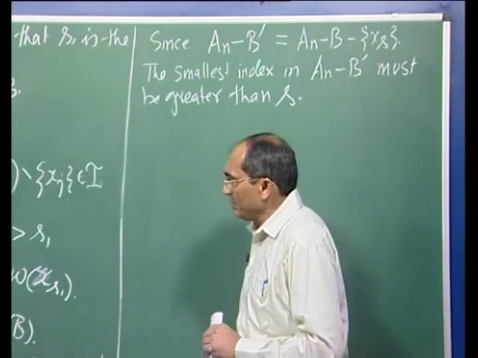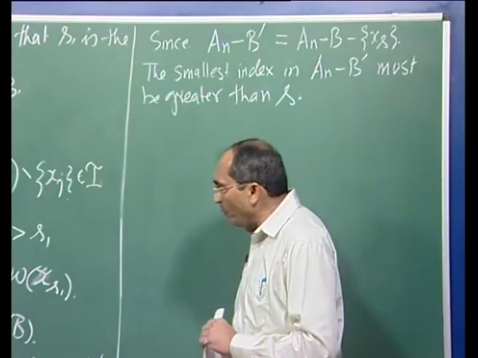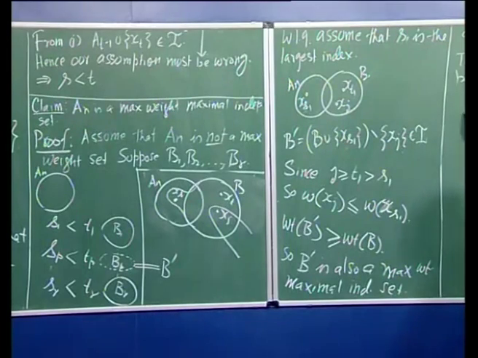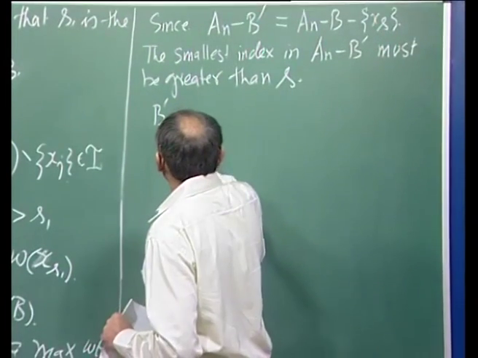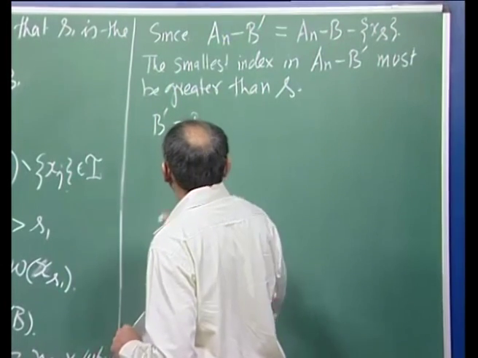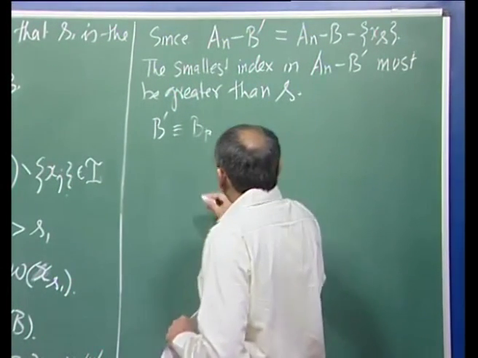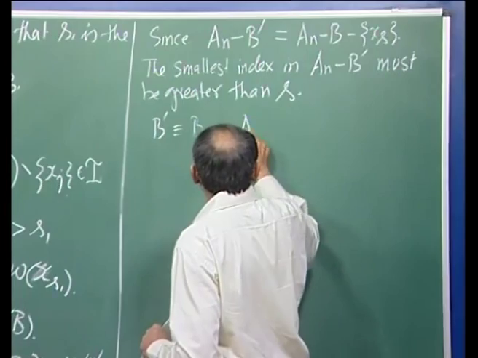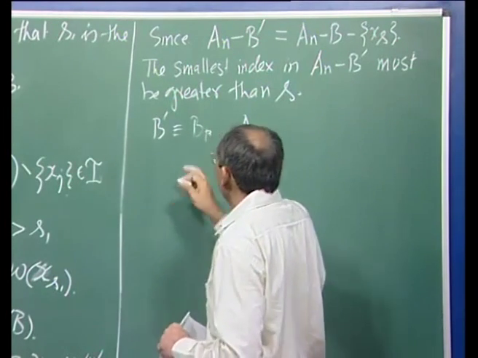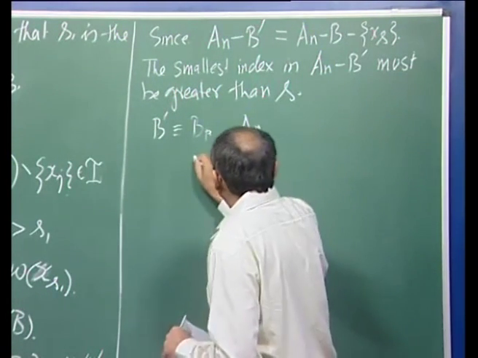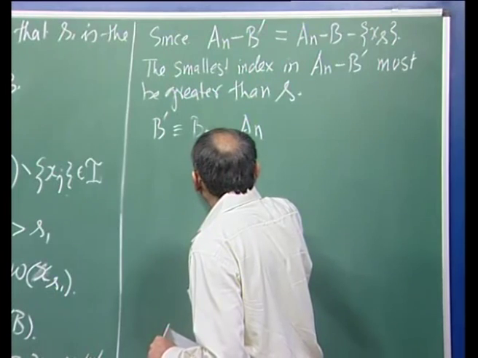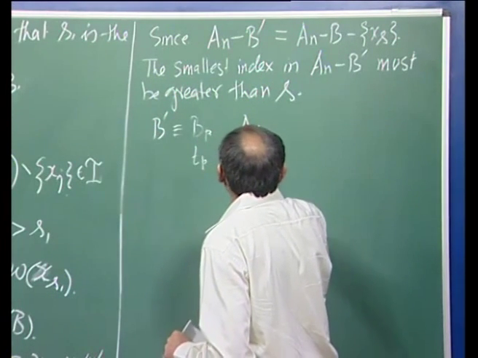Now, we had labeled our B prime as Bp. Our B prime is same as Bp, and the corresponding smallest indices in their complementary regions were Tp and Sp.